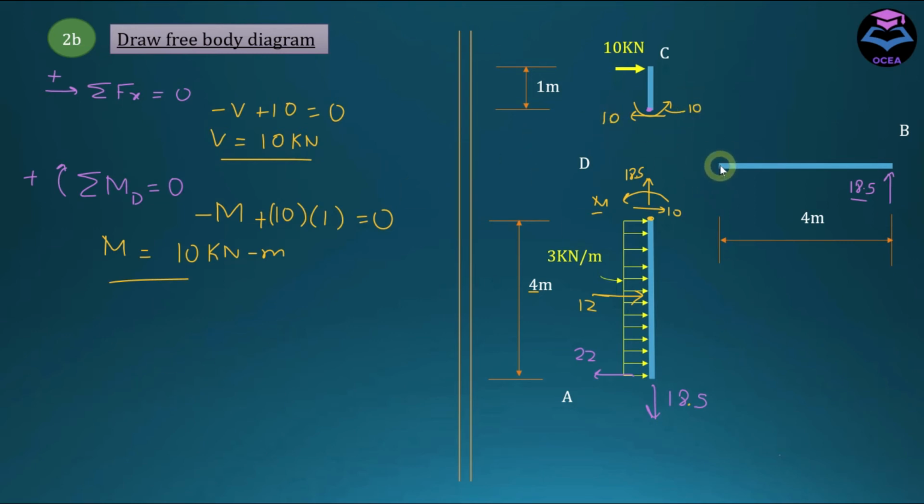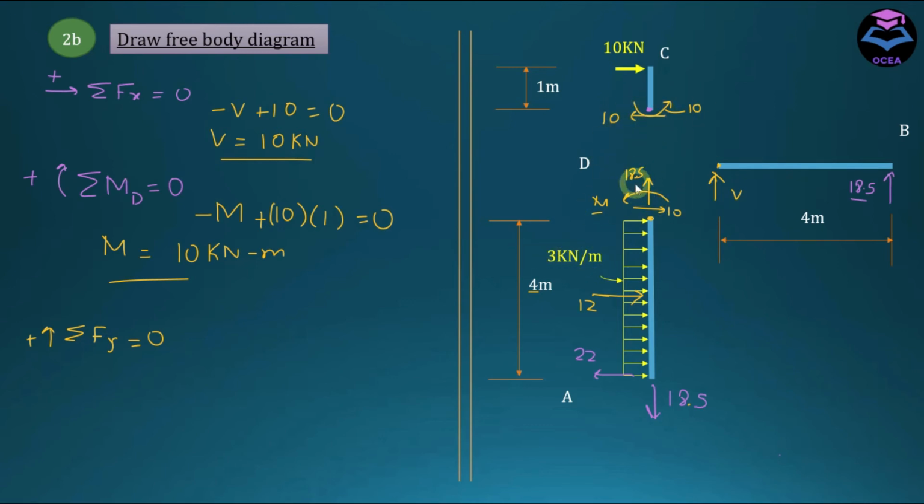To determine the internal force here, just apply the condition of equilibrium at the D joint. So let's do that. Let's denote this force by V. Then apply summation of force in Y direction, taking upward force as positive, to this whole joint D. So how many forces are acting in Y direction?